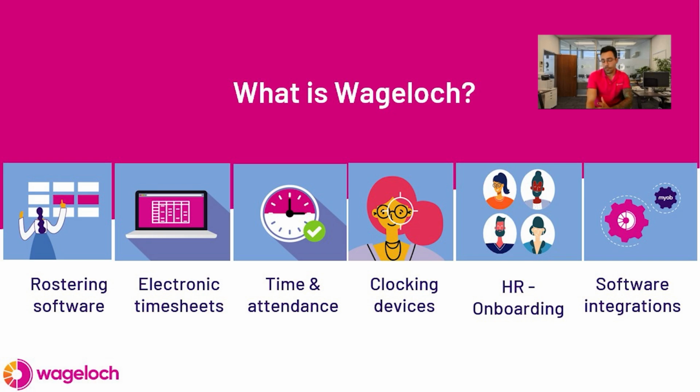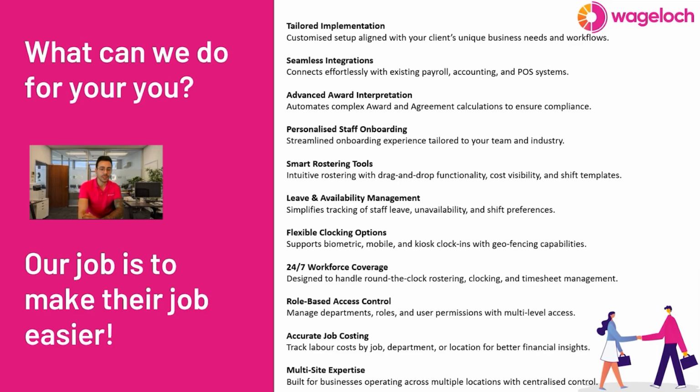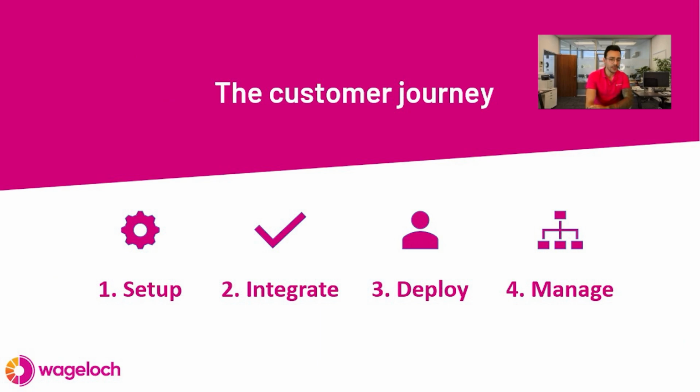And also we are multi-site experts in the fact that we can actually link up multiple instances of the software that all talk to each other and then make sure all of it goes through to payroll appropriately. Our customer journey looks a little bit like this, where you've got 4 key stages.